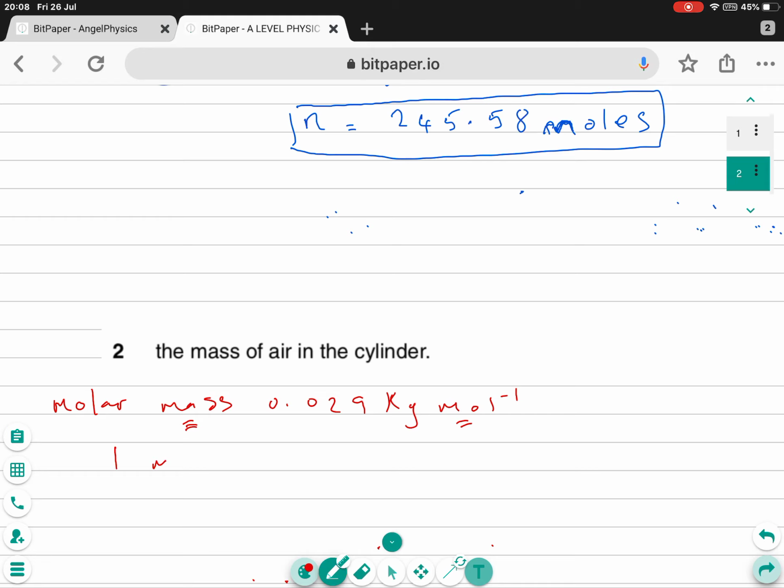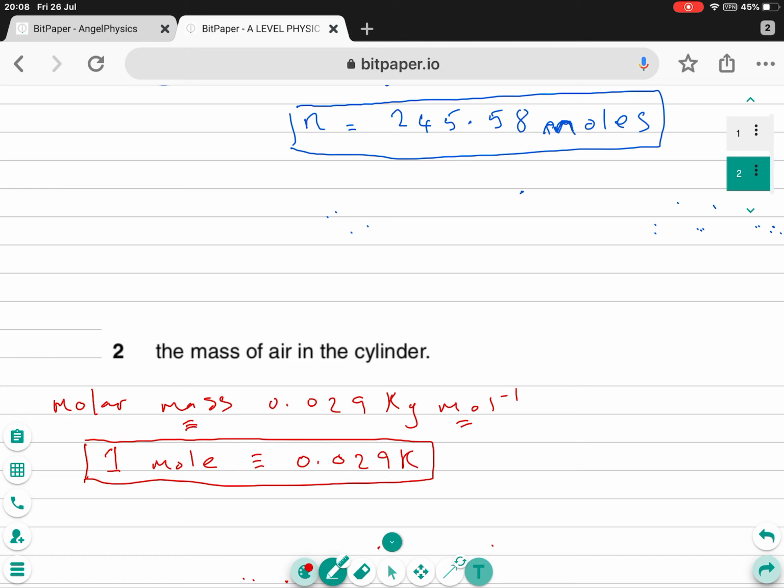1 mole, okay, this is a direct inference from the information. 1 mole is equivalent to 0.029 kilograms. All right, this is a direct inference from the molar mass. Okay, so this is what we can infer.